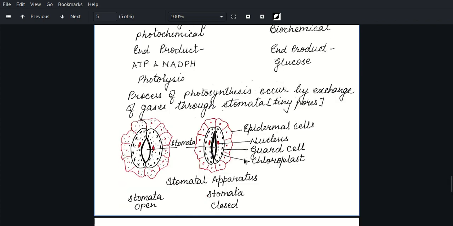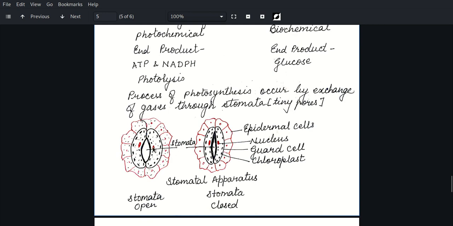Let's see the structure of stomata. Stomata are tiny pores which are guarded by specialized cells called guard cells. Guard cells are surrounded by other epidermal cells. They are also called subsidiary cells.